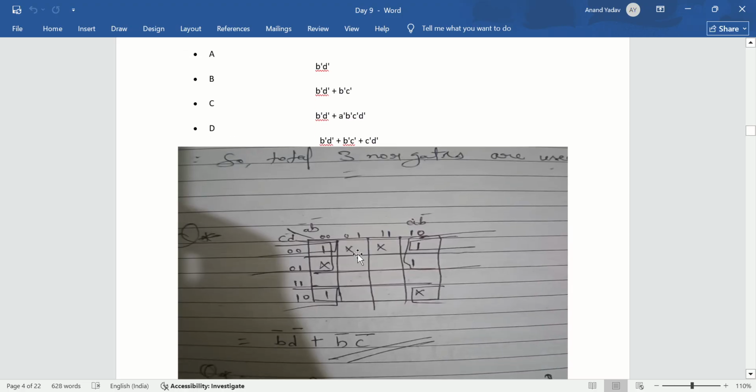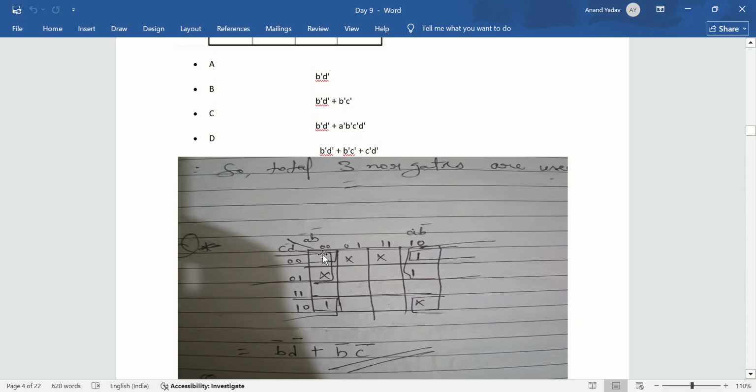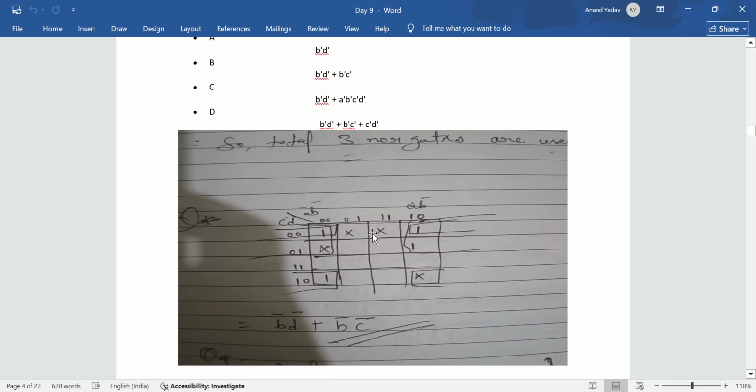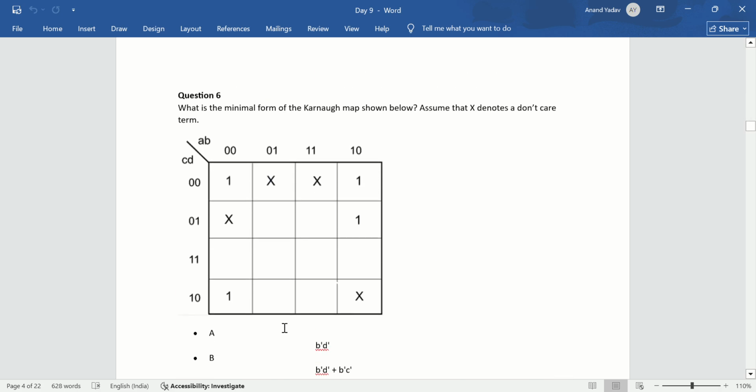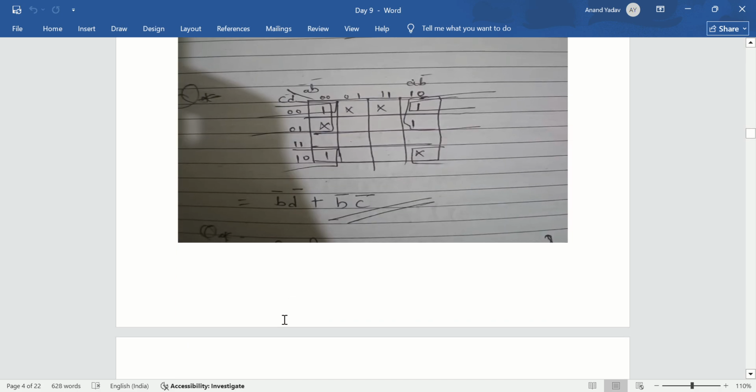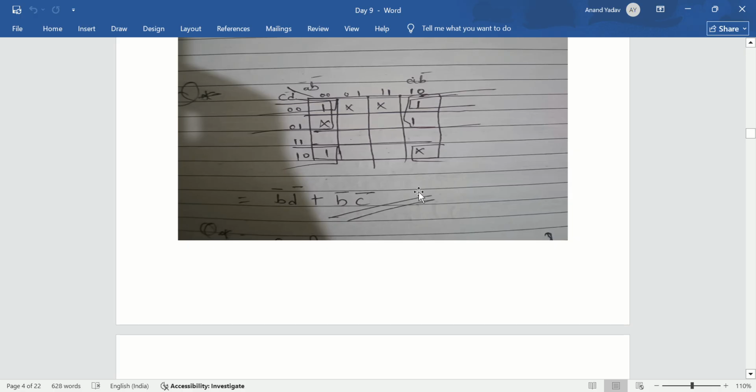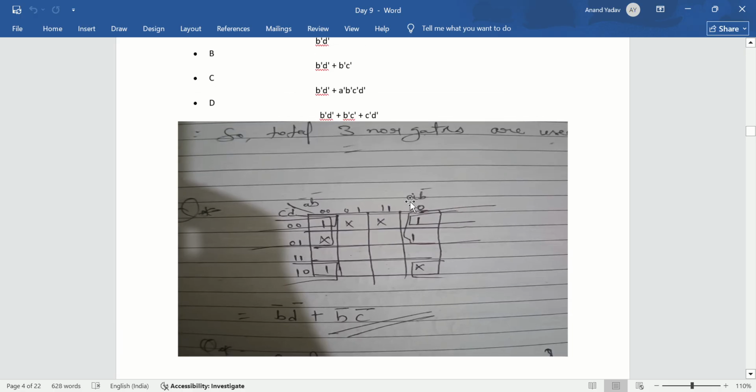So I will make the first group of the Karnaugh map: first a group of four corners, and then one for this one. So after performing the group operation, I will get these variables. So for this question the answer is BD and B bar C bar.